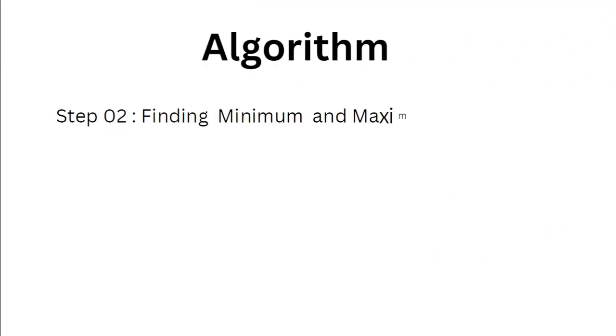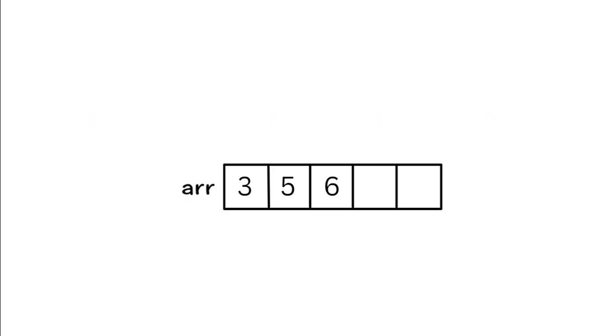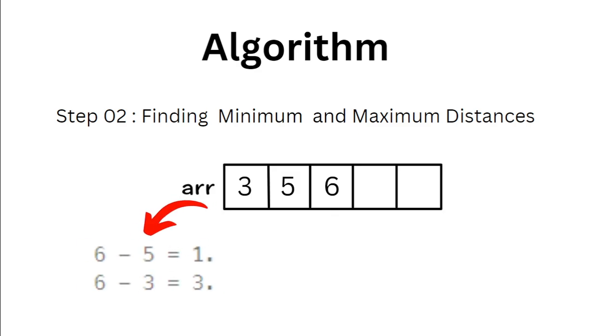Let's move to the second step, which is finding the minimum and the maximum distance. Consider the array which we already stored, with index values 3, 5, 6. I'm going to find its minimum and maximum distance. As you see, 6 minus 5 gives 1, 6 minus 3 gives 3. You might be thinking about how we can achieve this.